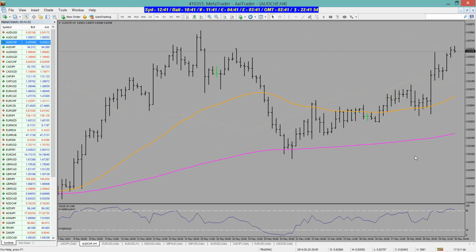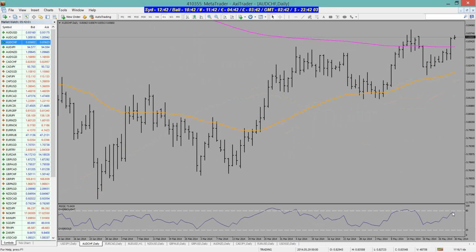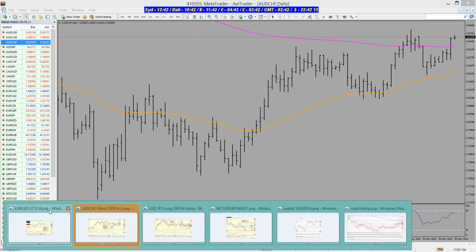You might go, well, it's pretty stretched here anyway. I might put a target here because the daily is about to get overdone as well. Or if it's at the 1.272 or something like that, even if you're on the shorter time frame, you would potentially have a target.